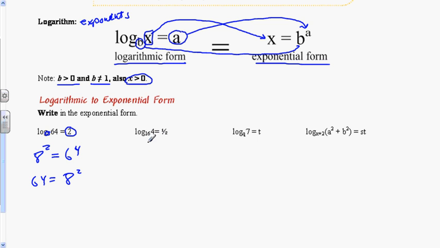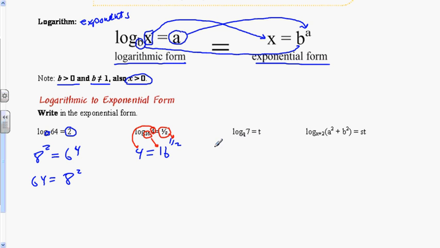Next one, again, 4 equals the base, which is 16, and the answer is our exponent. So the base to the power, and there's x. These are all true statements, just written in different form.